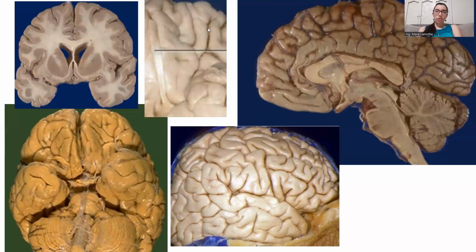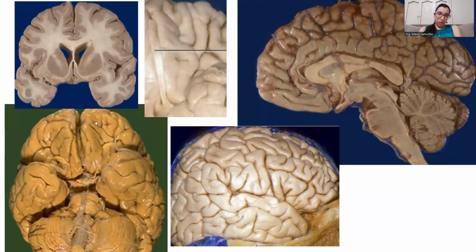The divisions are made by the orbital sulcus, this, and it has kind of an H shape. So more or less it would be something like this. So this would be the anterior, medial, posterior, and lateral gyrus. Yeah.